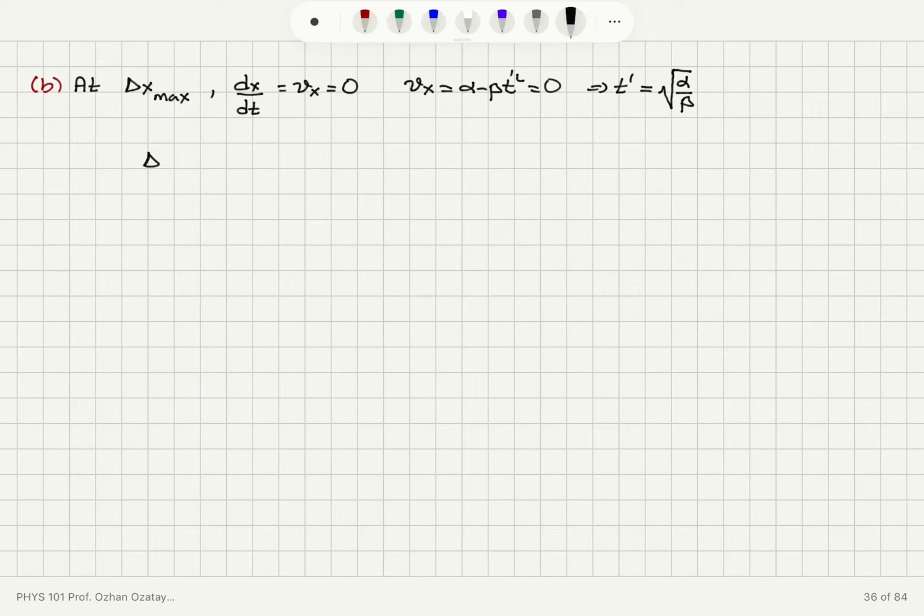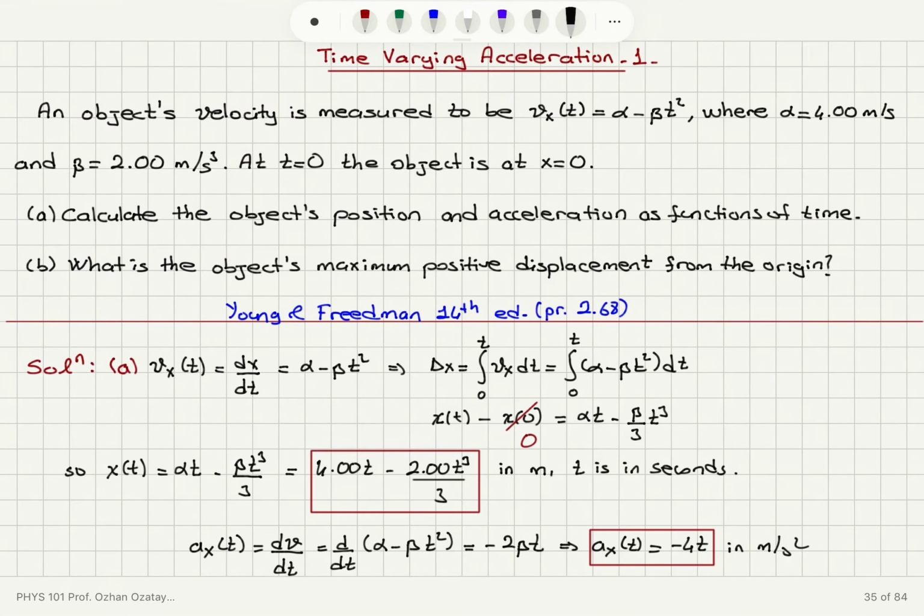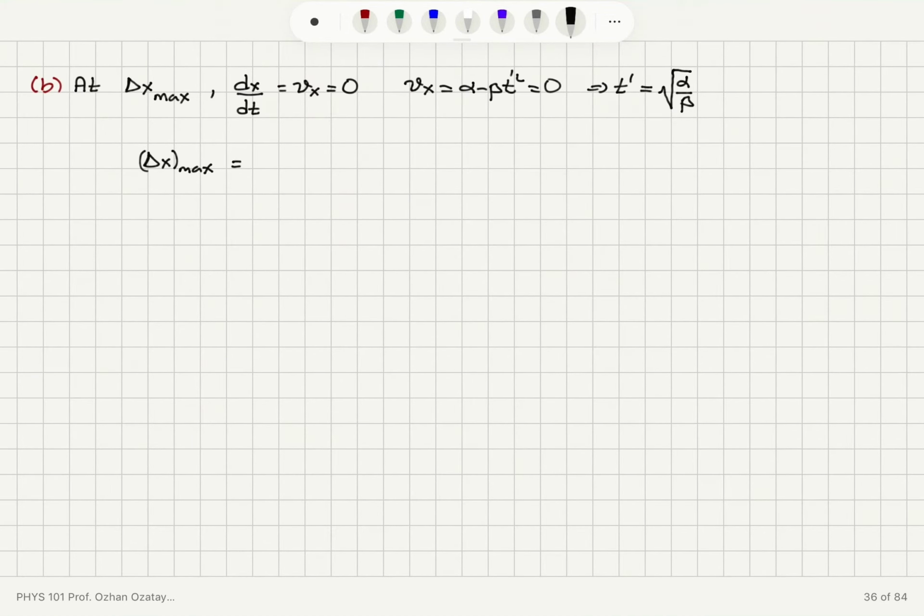So the maximum displacement, delta x maximum, is found by substituting this into alpha t minus beta t cubed over 3 for the displacement as a function of time. I obtain alpha square root alpha over beta minus beta over 3 alpha over beta to the power 3 over 2.